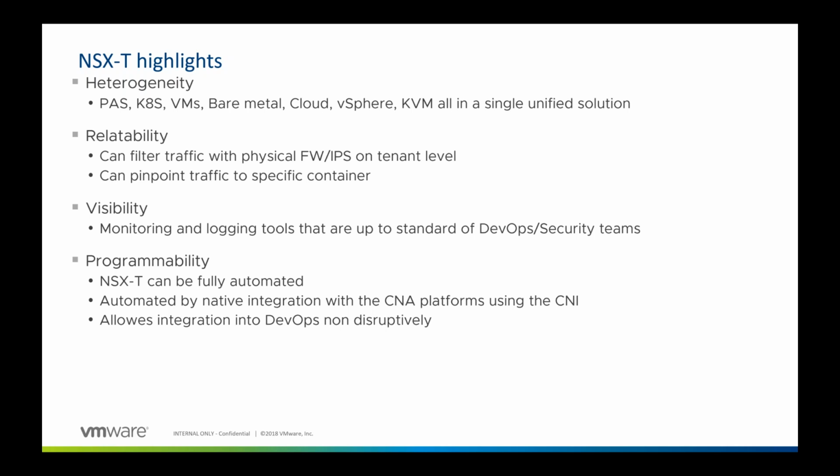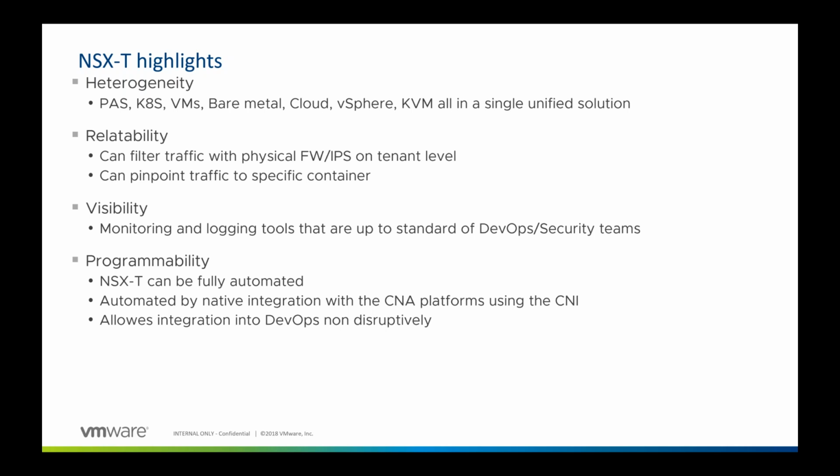And why is that important? Because when we talk about complex applications, there's never just something that's only deployed on Kubernetes, or only on PAS, or only on VMs. If I develop applications on Kubernetes, they may need to access services on virtual machines. Or if I develop applications on Pivotal Cloud Foundry, I may have, as you saw on the previous slide, data services running on Kubernetes or on virtual machines or bare metal.